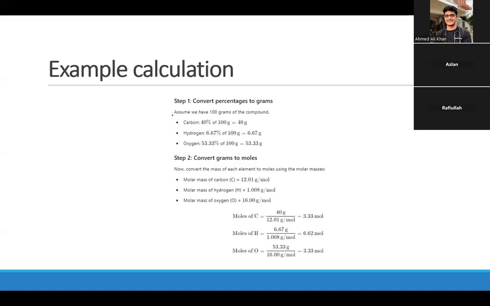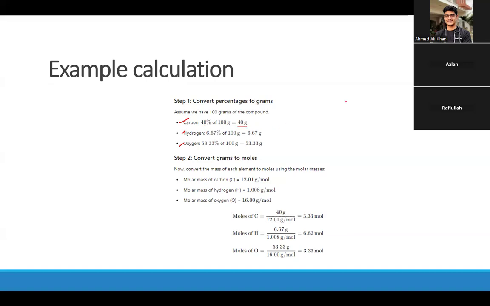In all of these calculations, we assume that we have 100 grams of that compound. Whatever the compound is, which contains this carbon, hydrogen, and oxygen, we have 100 grams of it, right? So if you want to calculate what part of that 100 grams is made up of carbon, you just multiply the percentage composition of carbon, that is 40%, with 100, and you get 40 grams.